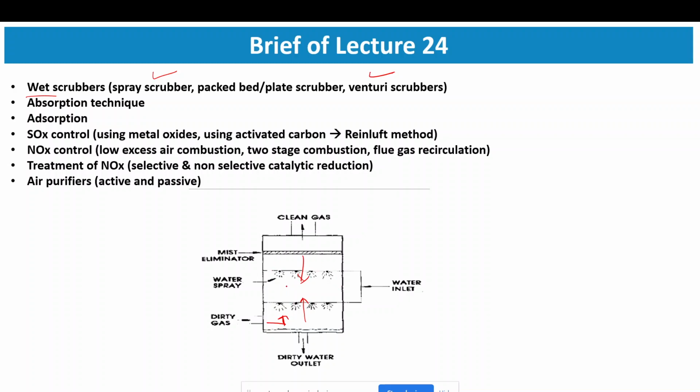So in that case, water will trap all the particles and it will fall downward to give a slurry or dirty water outlet. Now here there will be one more challenge. Air also can trap some amount of moisture, depending on what temperature is prevailing.